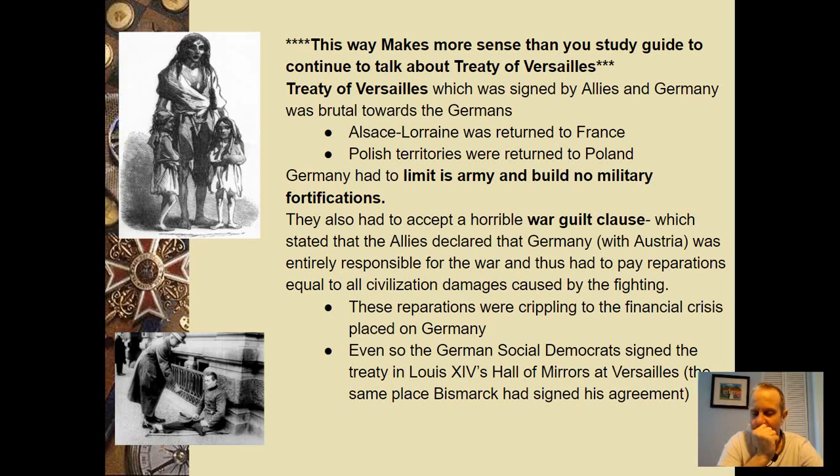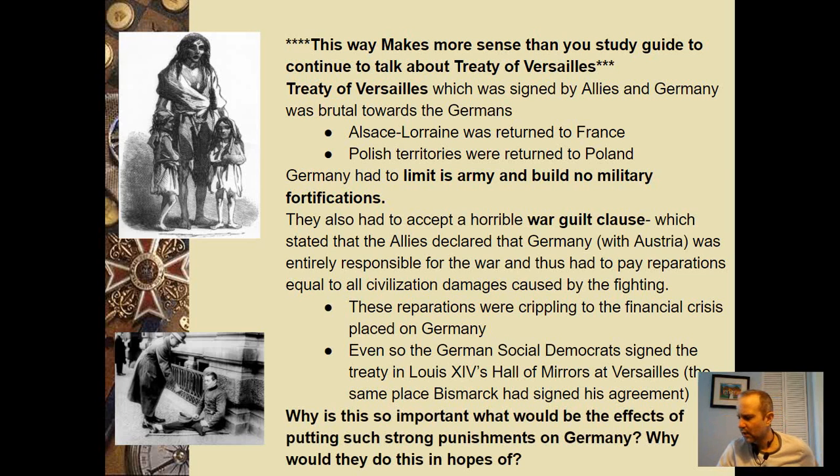Otto von Bismarck, someone I'll cover in another video, basically humiliated the French by having them sign a peace agreement, losing their land to Alsace-Lorraine, in Louis the 16th's palace, the Hall of Mirrors. It's kind of like an insult to injury. And now they're having the Germans sign their same loss of World War I in the Hall of Mirrors at Versailles, which is the same kind of treatment.